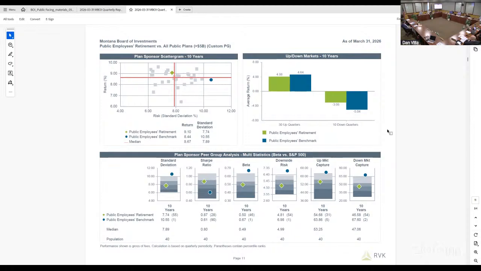So this is the public employees plan representative of the other retirement plans as well. In terms of expected return, we have outperformed our benchmark. We've outperformed the median plan. And you can compare the numbers that are down in the table section at the upper left-hand section of this page, or you can look at it visually, where the green diamond is.